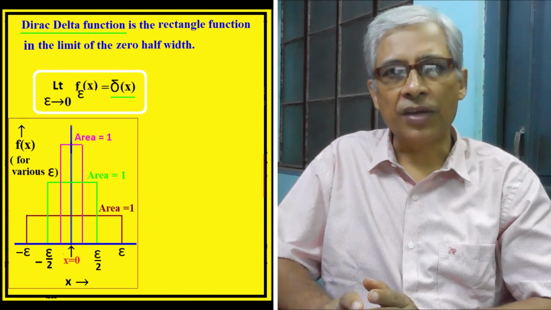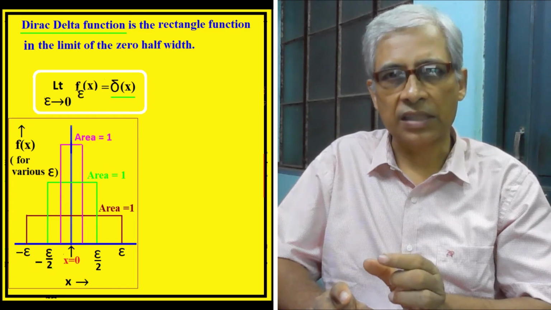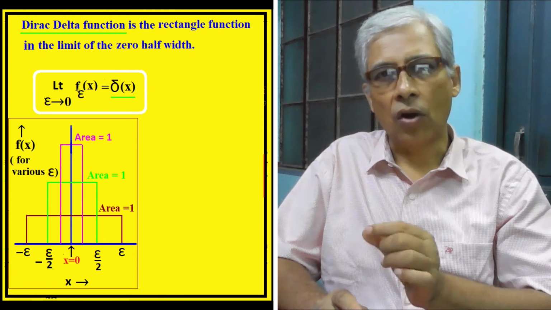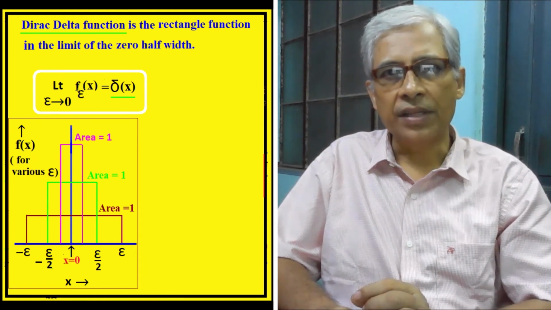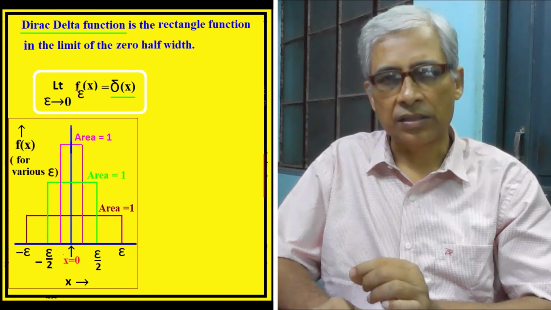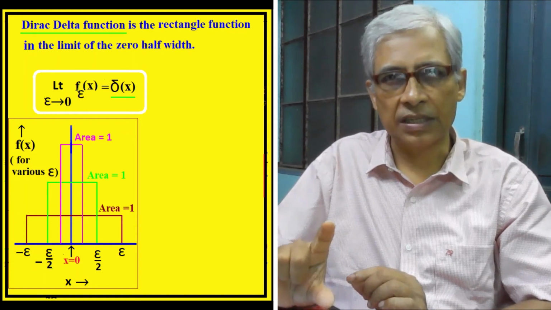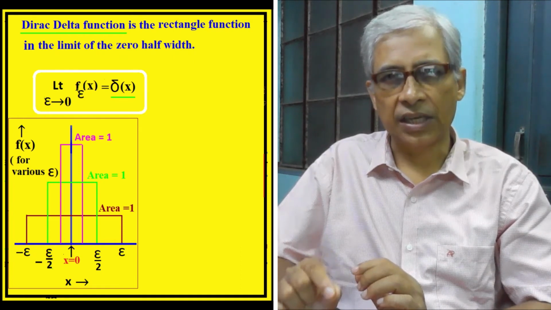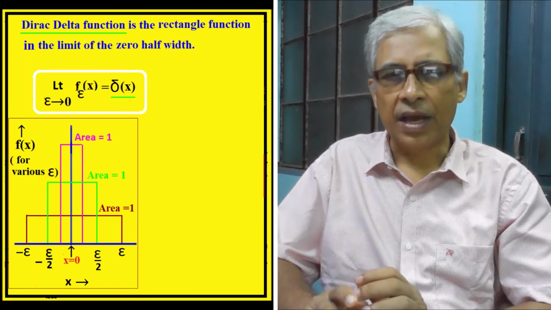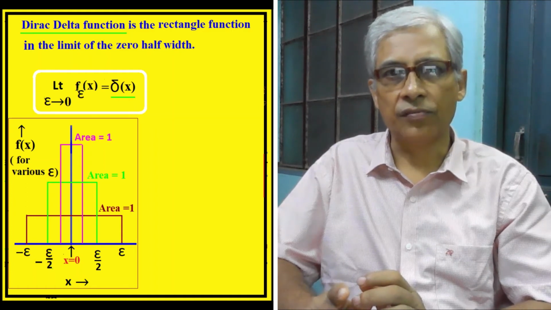But if we fix the area of the rectangle and allow it to shrink along the x-axis and ultimately fall upon x equal to 0, the origin, then as the width collapses, the height gets gradually increased so that the green rectangle gets more and more spread out vertically while shrinking in the x direction, and the pink rectangle is narrower in width and vertically taller, that is more stretched out vertically.